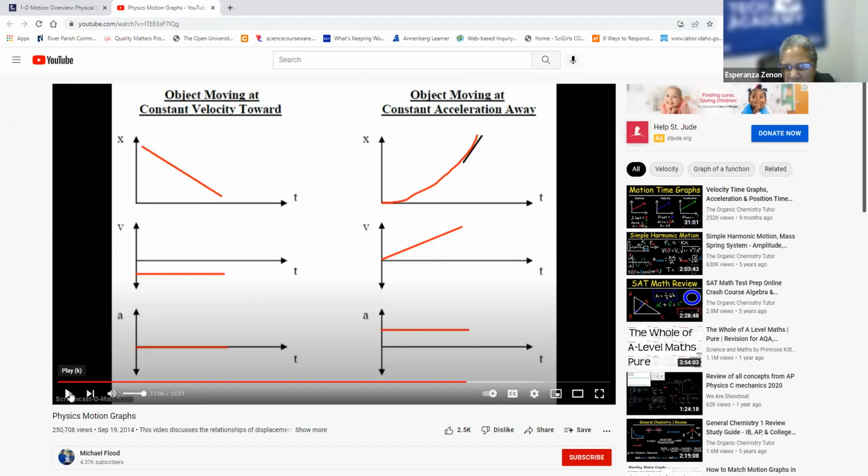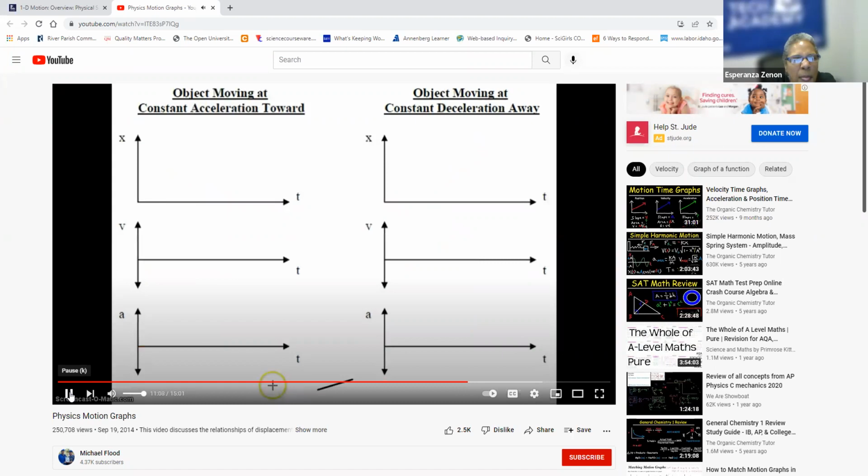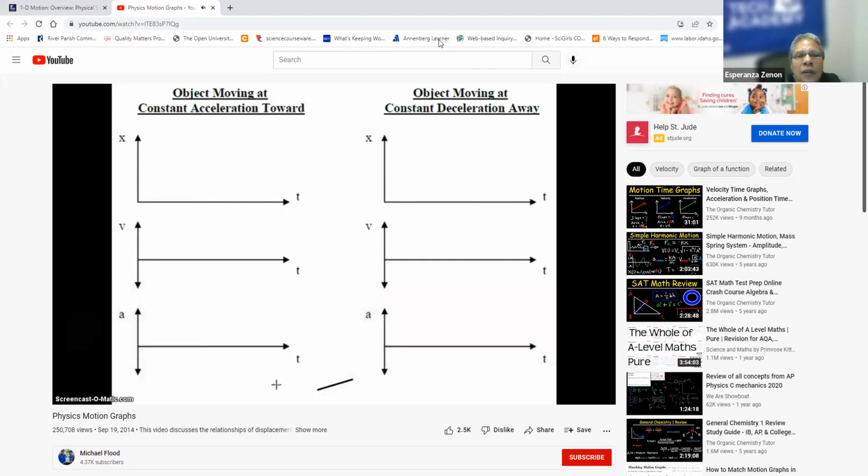What are your questions about this set of graphs dealing with constant acceleration for an object moving away? All right. Going to our next scenario, an object moving at constant acceleration toward.